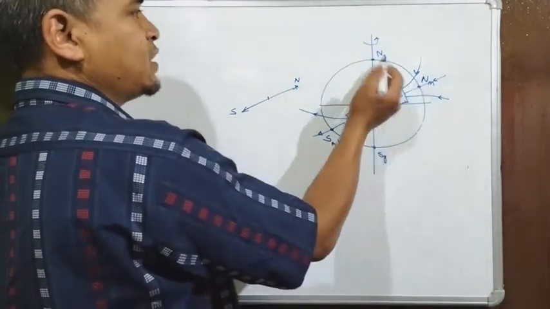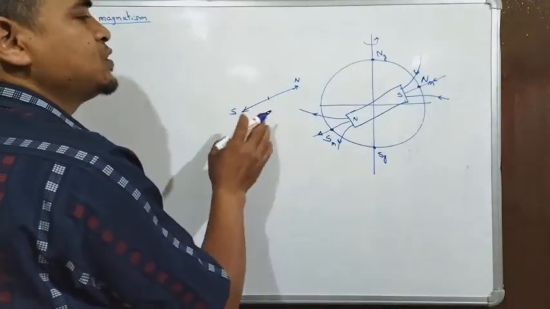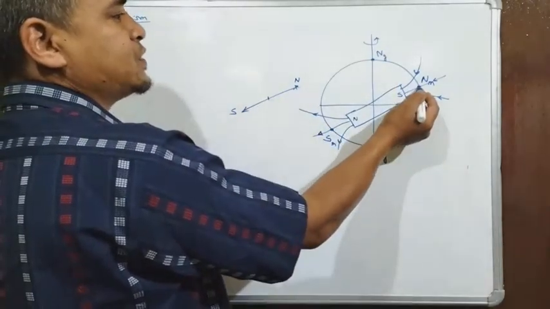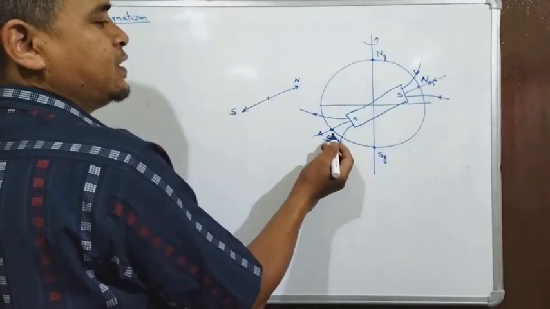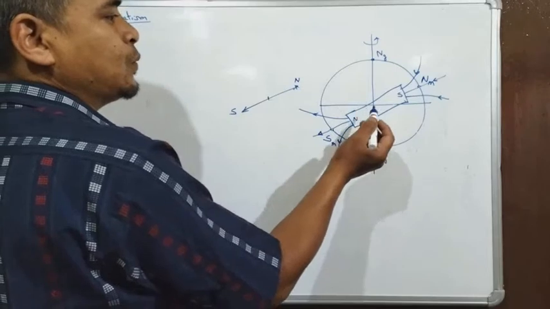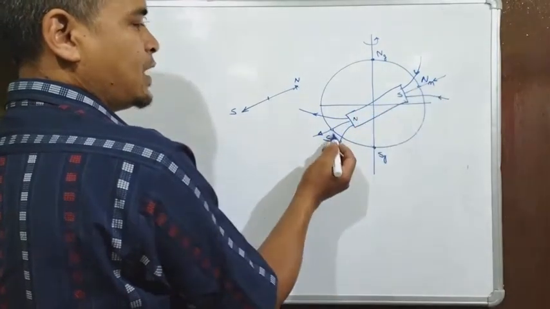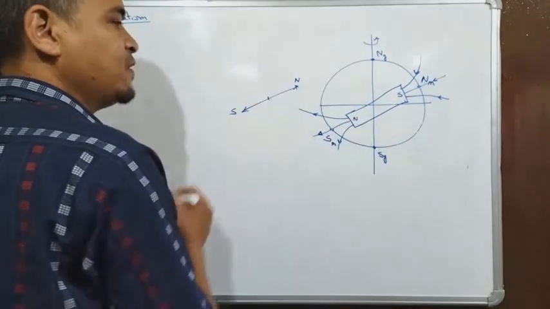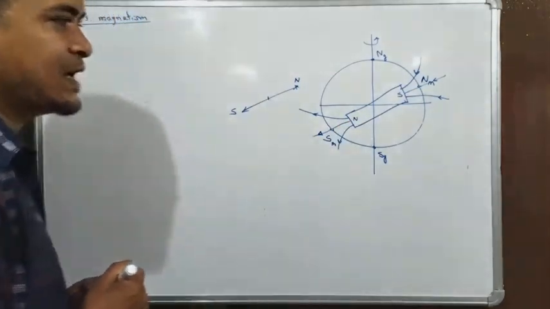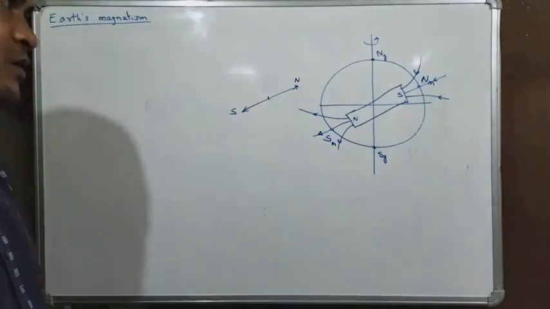The geographic north is here, but if you determine the directions using a needle, you get the north here. Similarly, the south is here. So the magnetic poles shown by the needle do not tell you exactly the directions of the north pole and south pole of the earth.